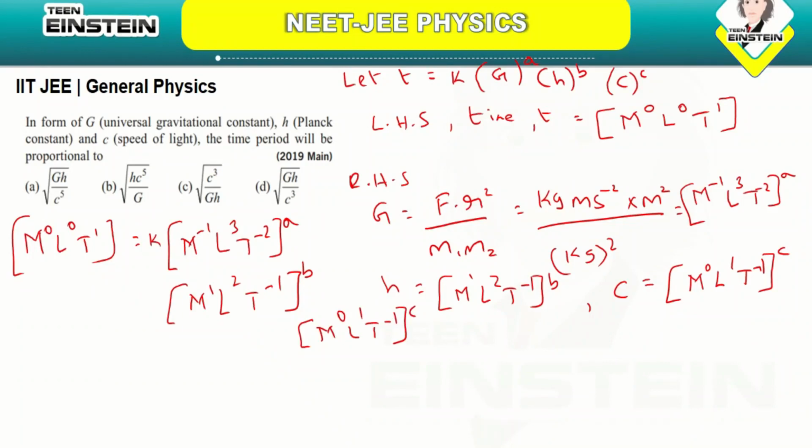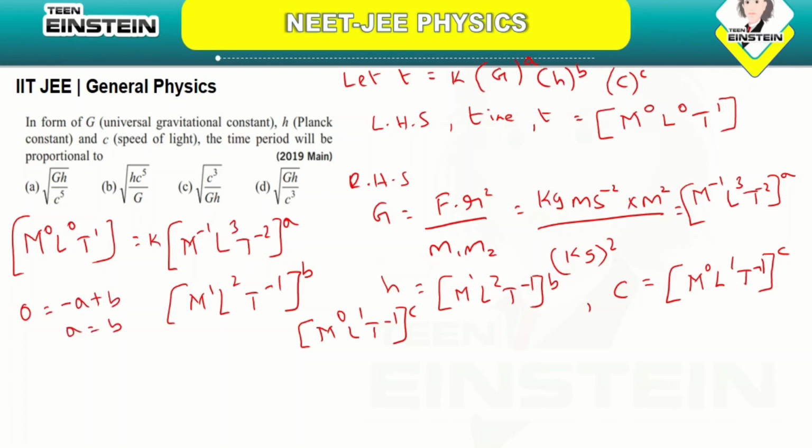Now if you compare both the sides for the powers, M will be equivalent to 0. So 0 is equal to minus A plus B, or A will be equivalent to B.